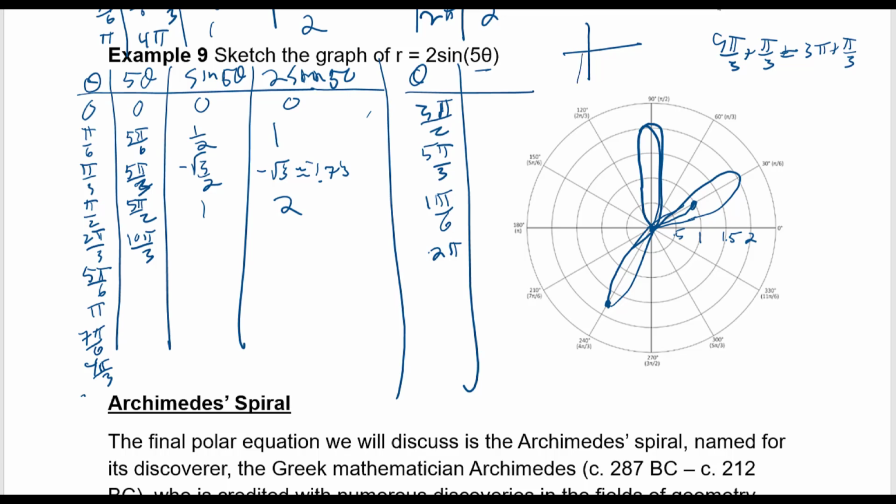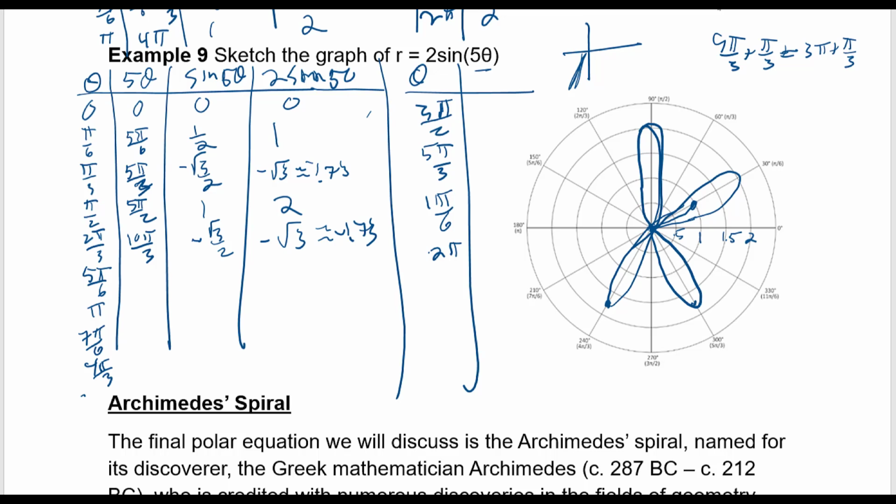So we're looking at down here. So it's going to be negative square root of 3 over 2, so negative square root of 3. So approximately negative 1.73. So where are we? That was here, 2 pi over 3, so it's going to be coming down this way. So that's going to give us this part of it.